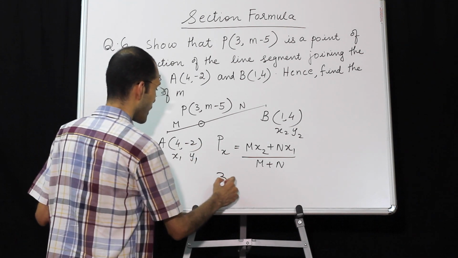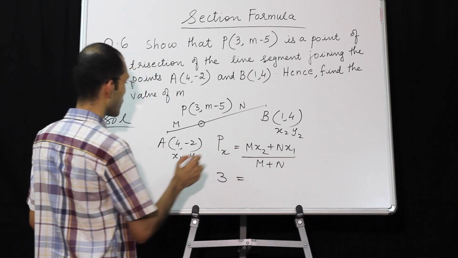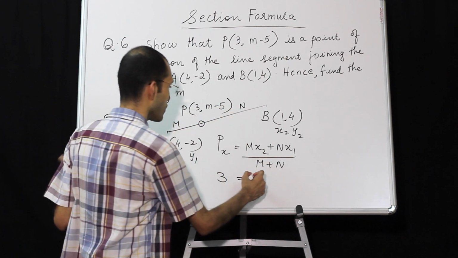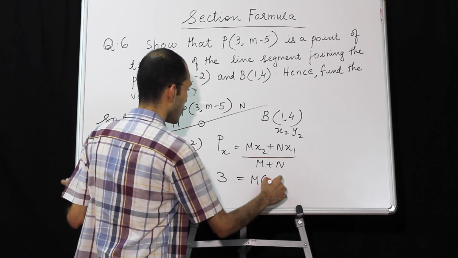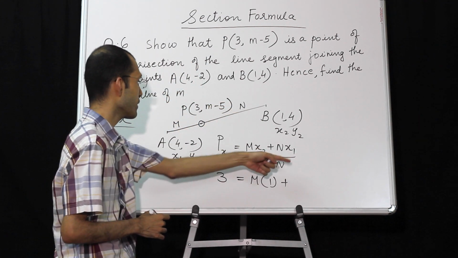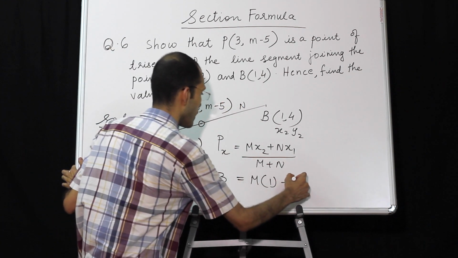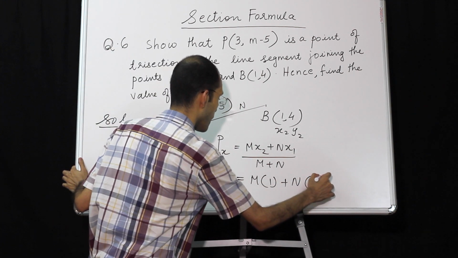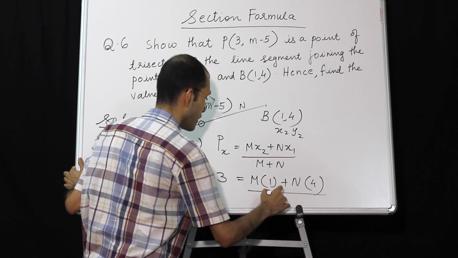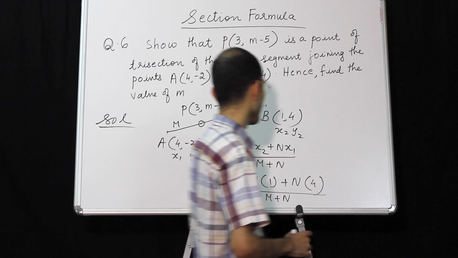What is Px? 3. So below Px we write 3. Mx2: M into 1, plus Nx1, N into 4, upon M plus N. Now cross multiply.